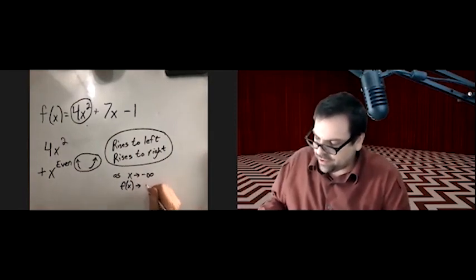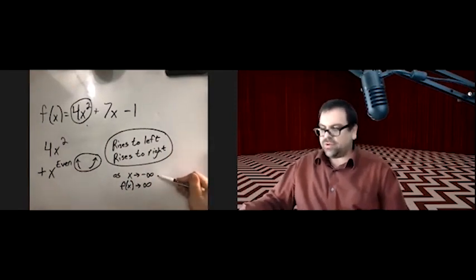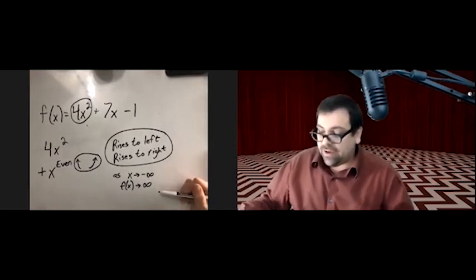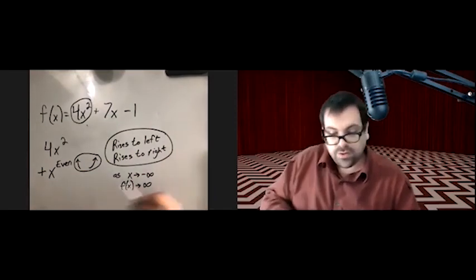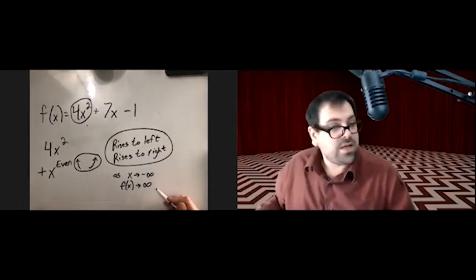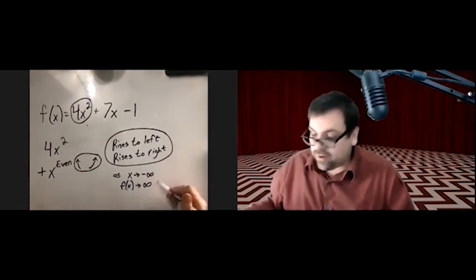As x approaches negative infinity, f of x approaches positive infinity. As we go to the left on the x, the function goes up, approaches positive infinity. That takes care of our left.